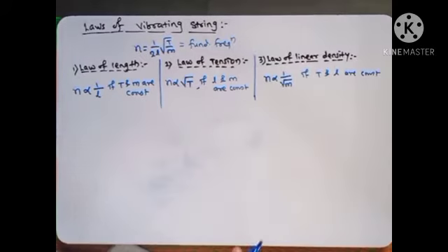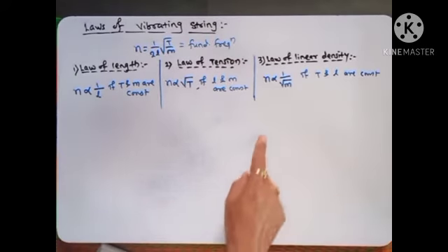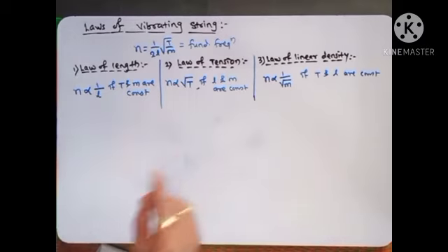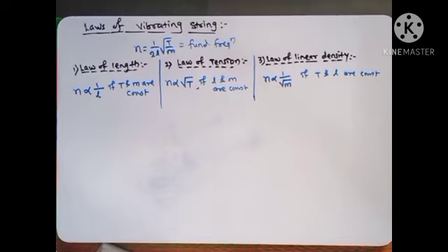That is, whenever tension and vibrating length of the string are kept constant, then frequency of vibration is inversely proportional to the square root of mass per unit length. We call this law the law of linear density.